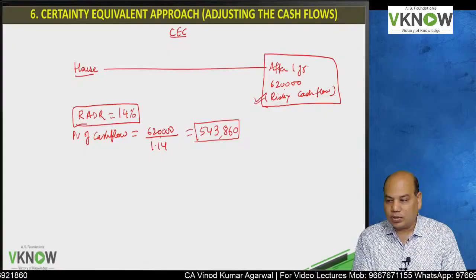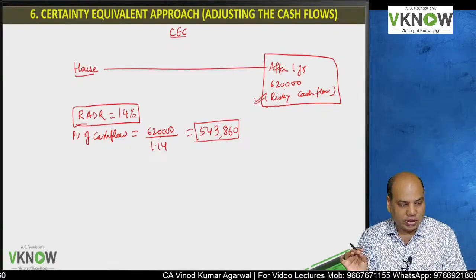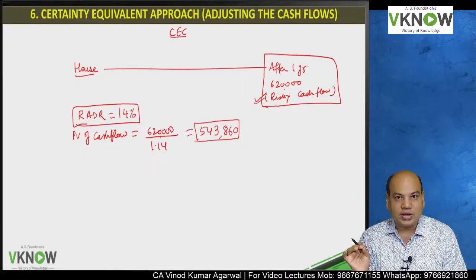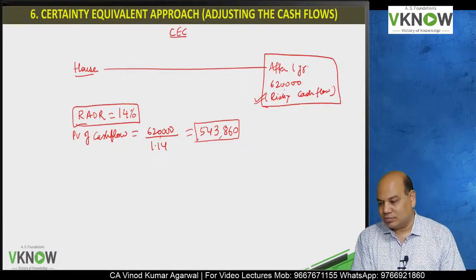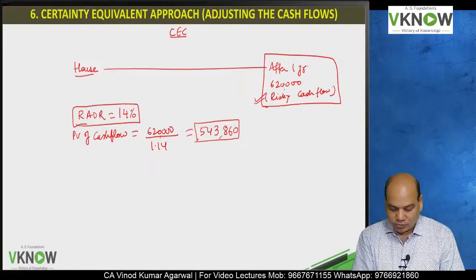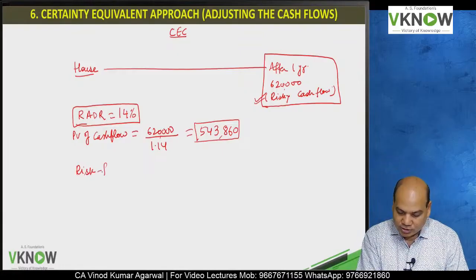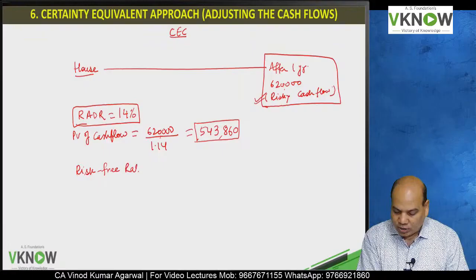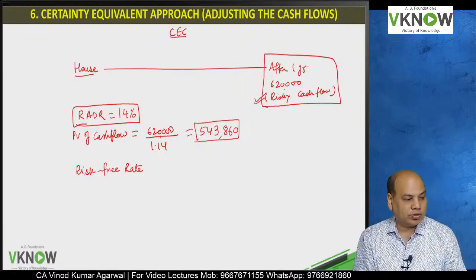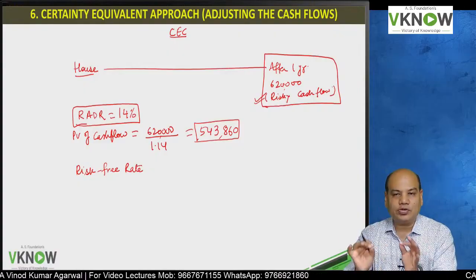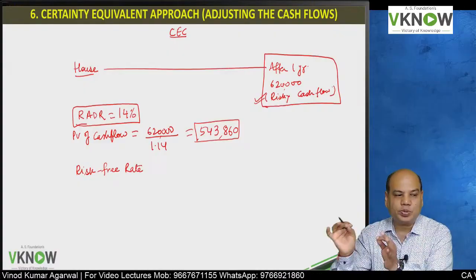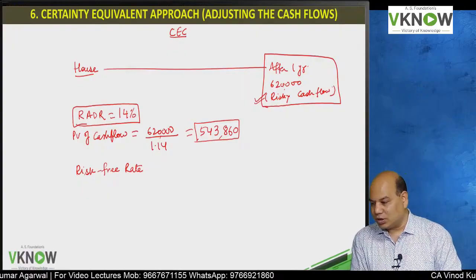My friend tells me he is willing to purchase the house and is going to give me the guarantee. How much amount should I charge him? Should I charge him the same amount, 6,20,000, or should I charge him a lower amount? What is your view? A friend is willing to give me an assurance that he is going to purchase the house after 1 year for 6,20,000.